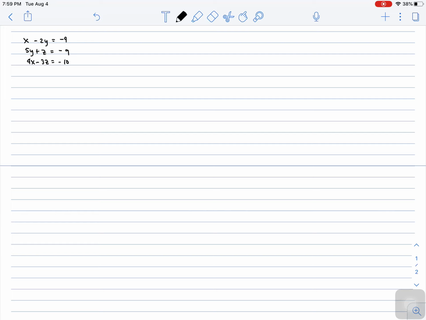So, let us copy the matrix A. A is first 1, negative 2, then the coefficient of z is 0. Next, there is no x, so 0, then 5, 1. The last is 4. There is no y, so 0, and then negative 3.